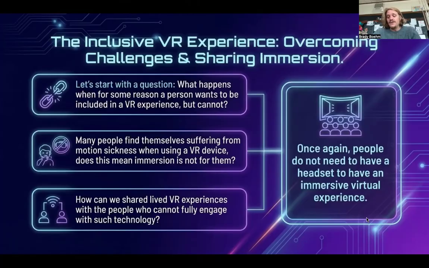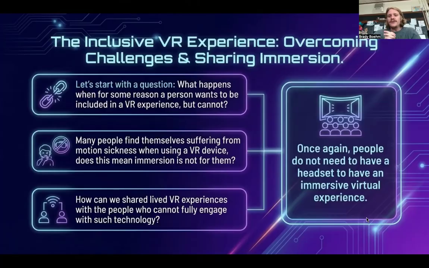If VR is supposed to be immersive and engaging, what happens when someone cannot use it? Does this mean that they're excluded? Or can we design these experiences that allow them to still participate at some level? This idea connects to an overall idea that is bigger than just games in general, but inclusivity with technology.